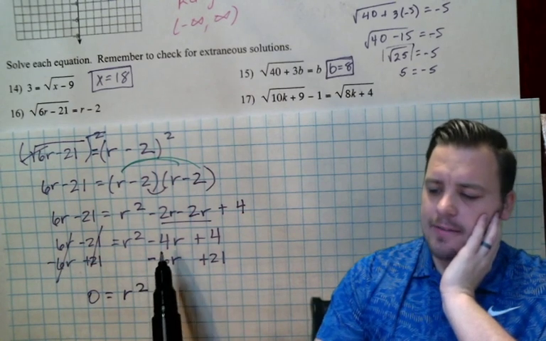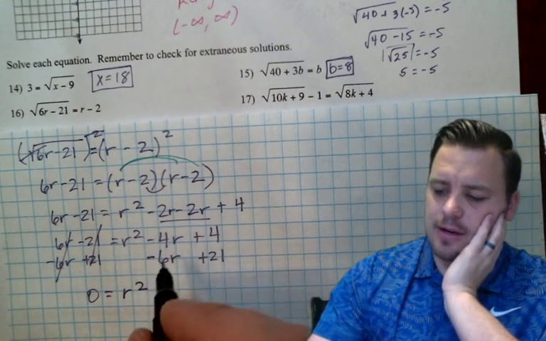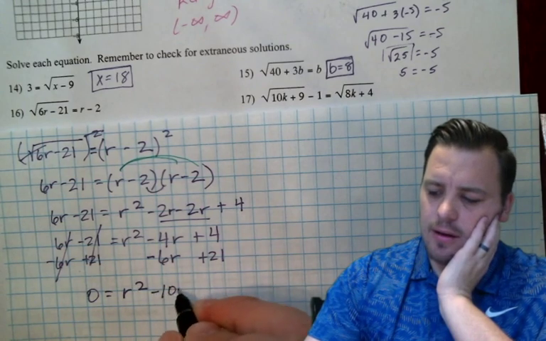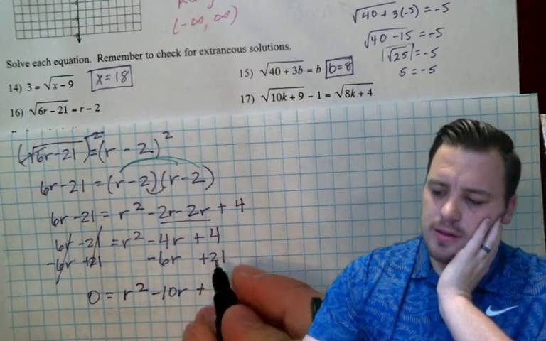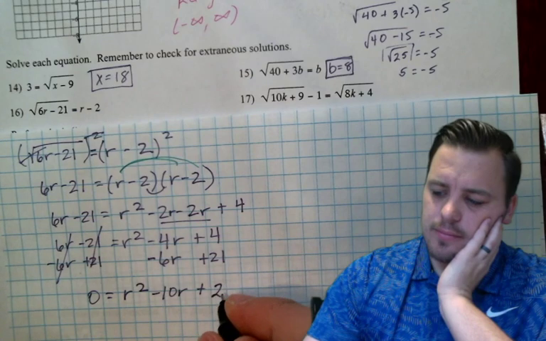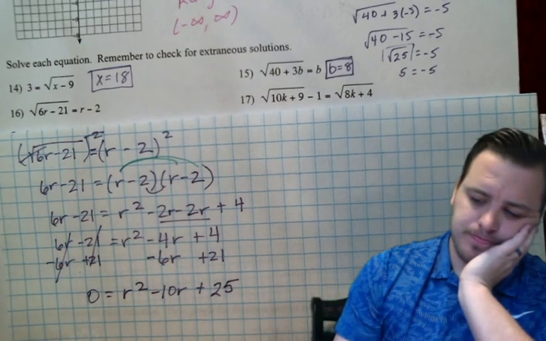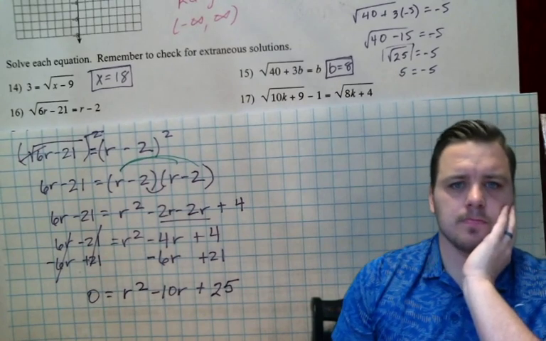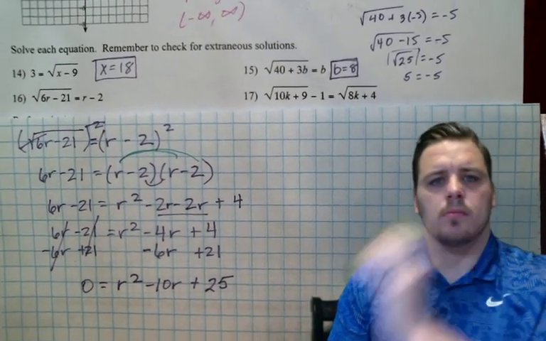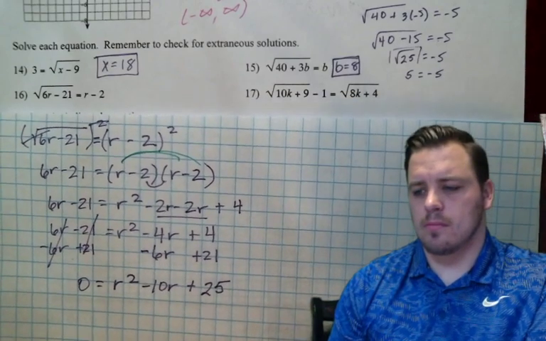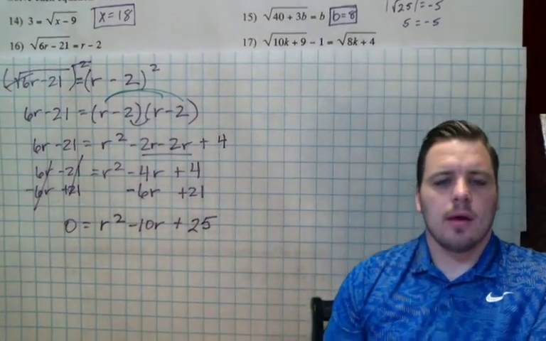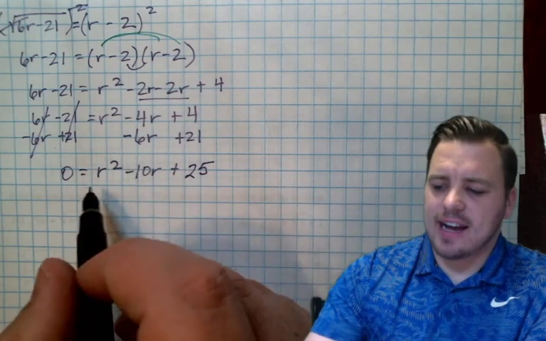And then I have negative 4 minus 6r would be negative 10r plus 25. I then factor this.